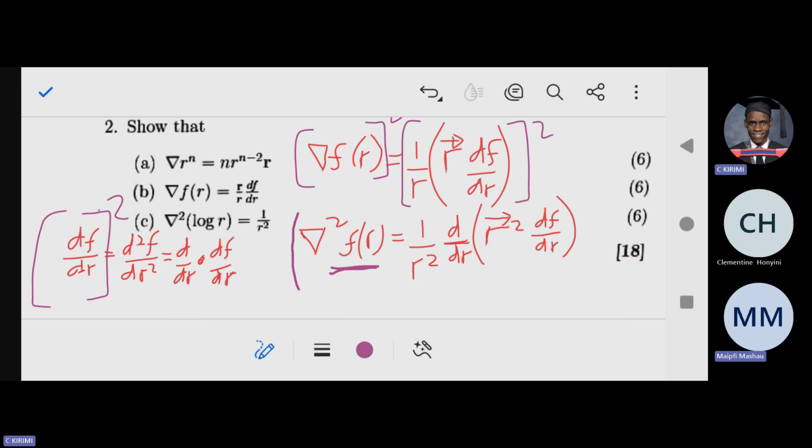From part B, we use B to solve C. After this statement, which you have copied from B, you just set both left and right side.